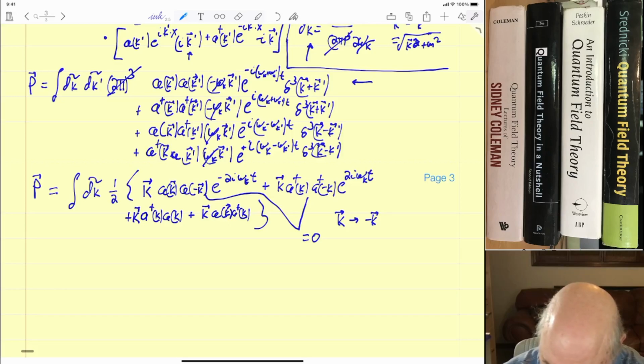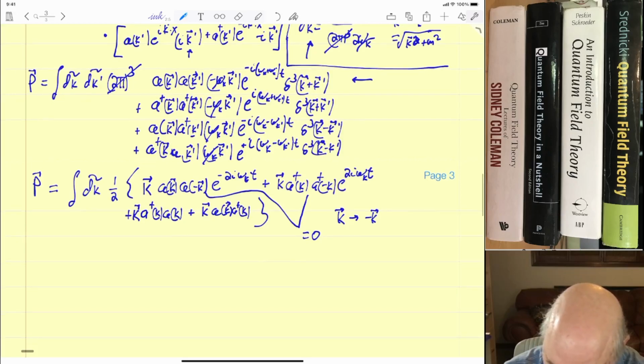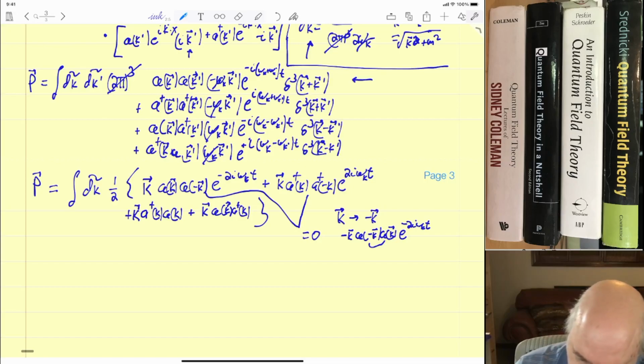So if I do k to minus k, for instance, on this term, I end up getting a minus k, a minus k, a k, and it doesn't affect the exponential term. These two can be written in the other orders, so I basically just get the negative of what I had before. So if you make an integration where x goes to minus x, then it's 0. Same thing here. So those two terms vanish, and we're left with our final result.